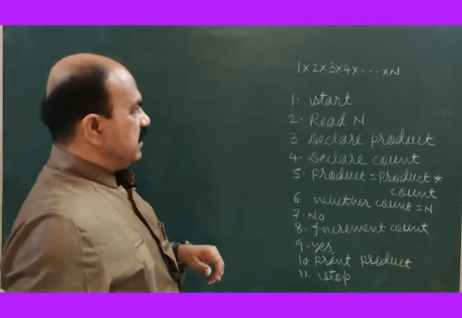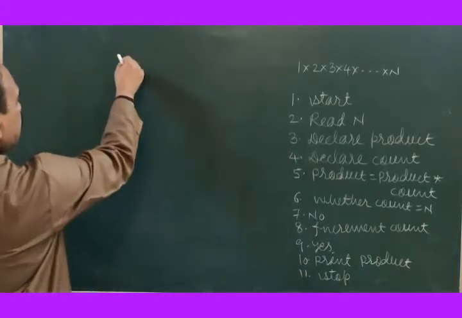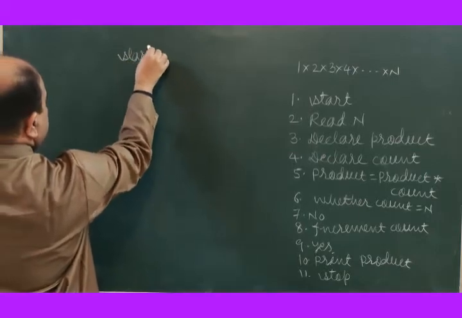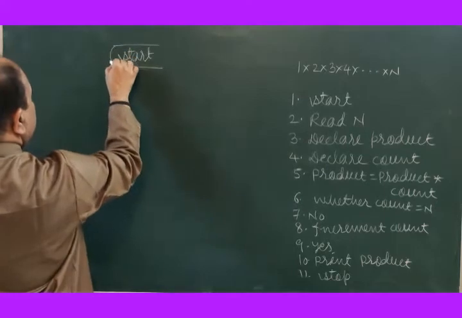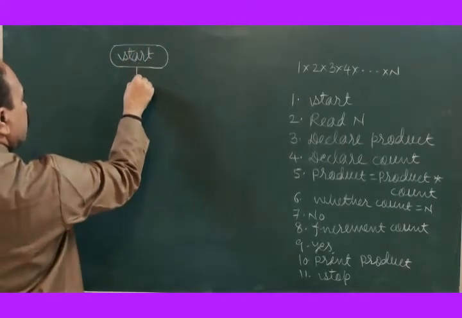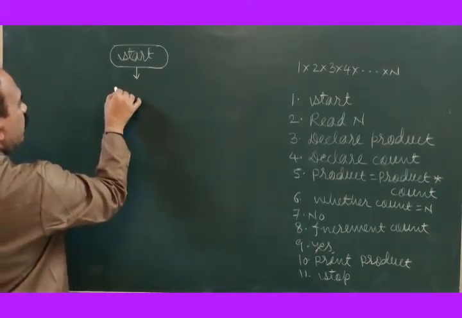Now, let us see how the flowchart will be for this. So simple. Start within the oval. Okay. Read our input n.